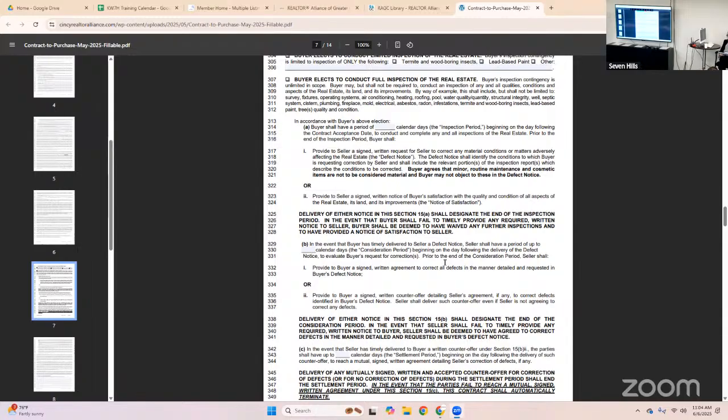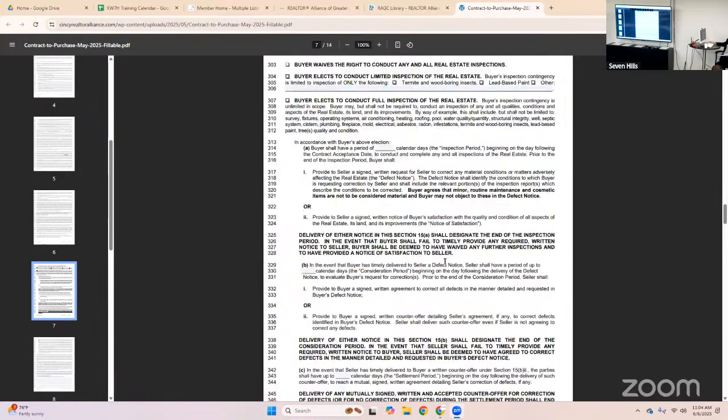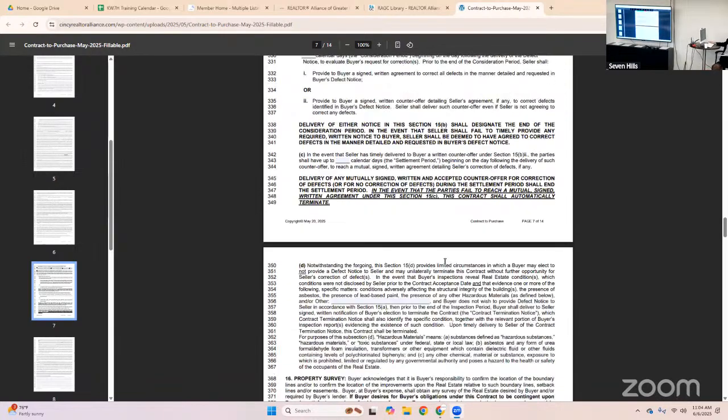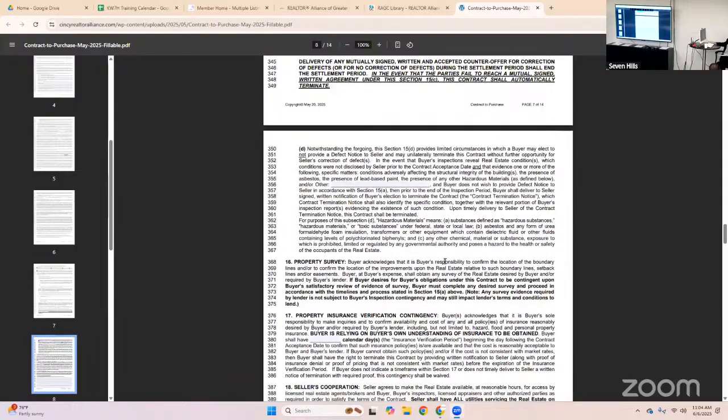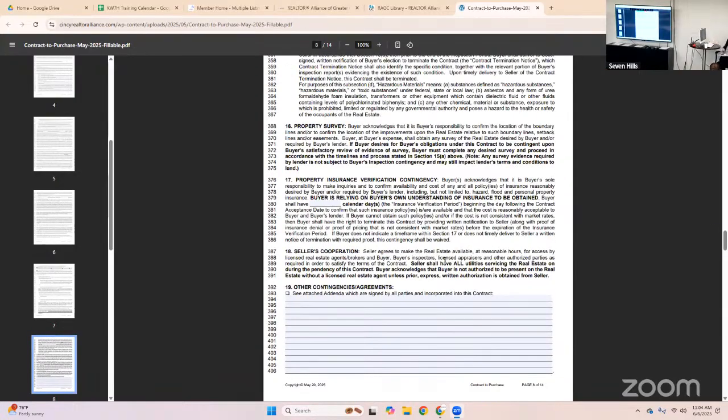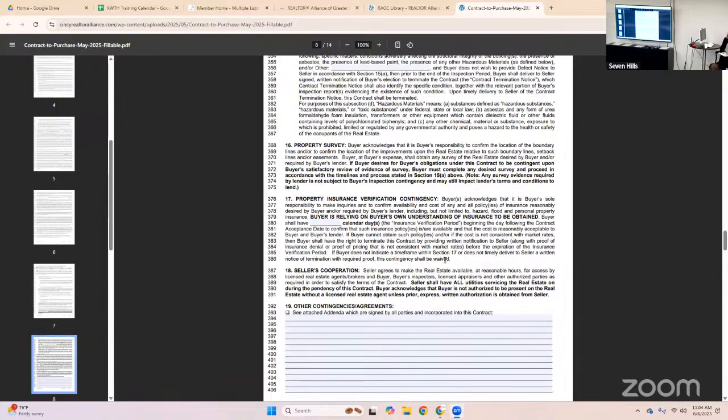Now, if they want a survey, should you recommend a survey? I would say under certain conditions, if it's like acres and acres. It's interesting how they've changed, because lenders used to always require what they called just a site survey.